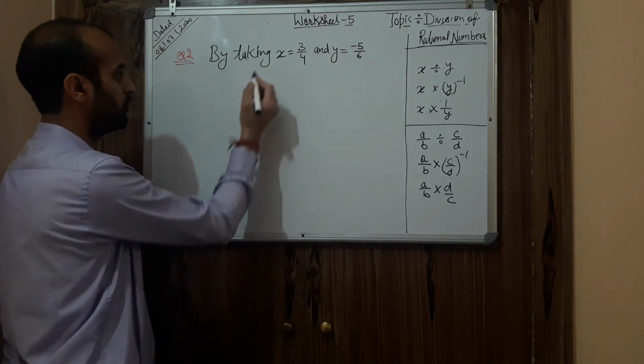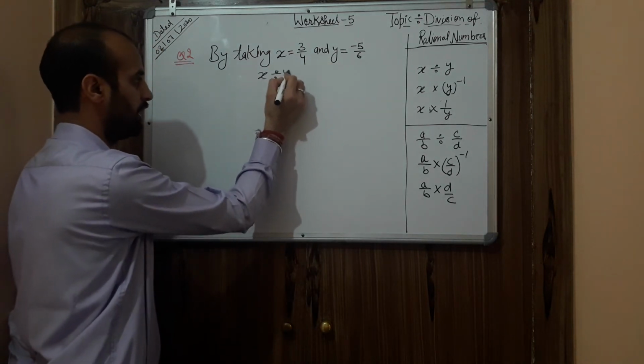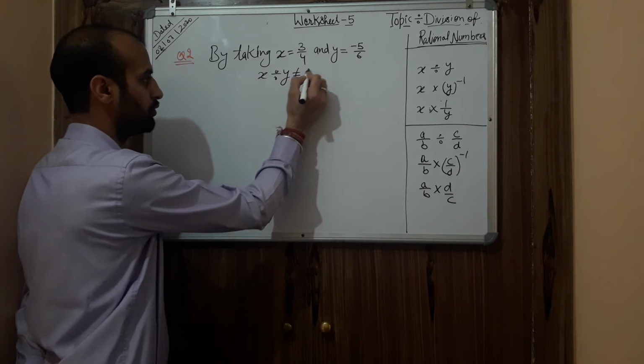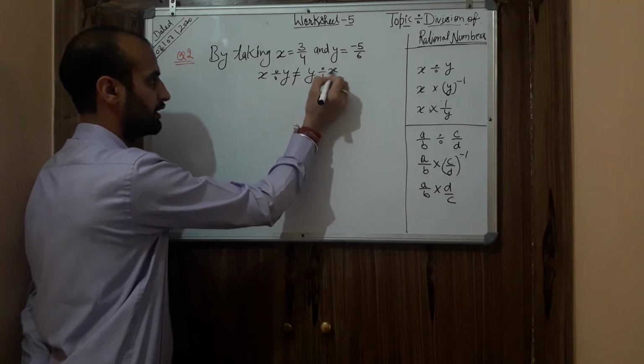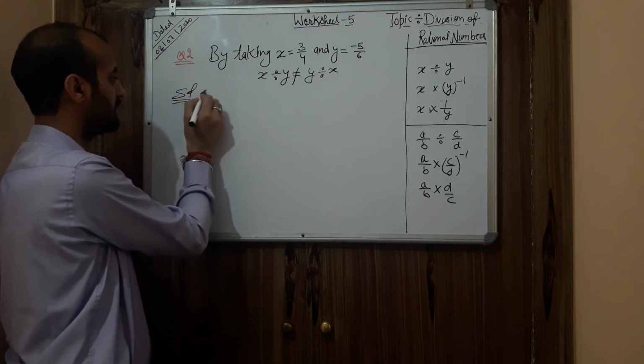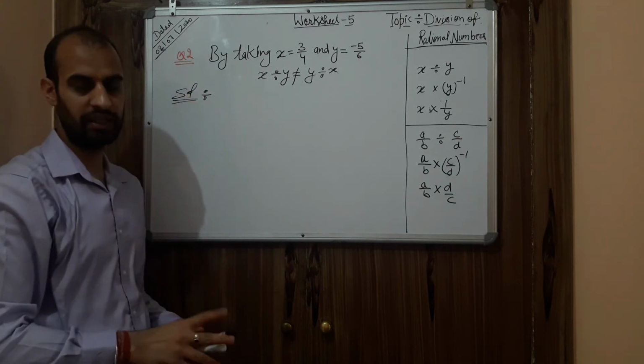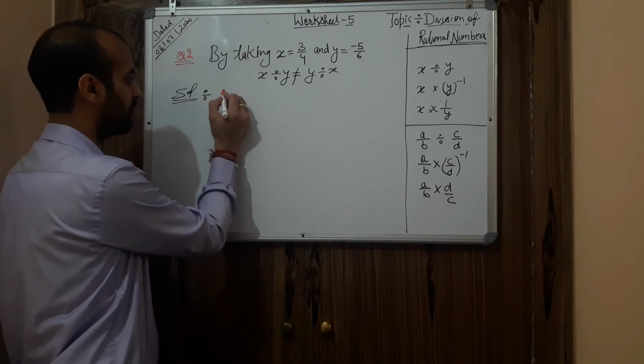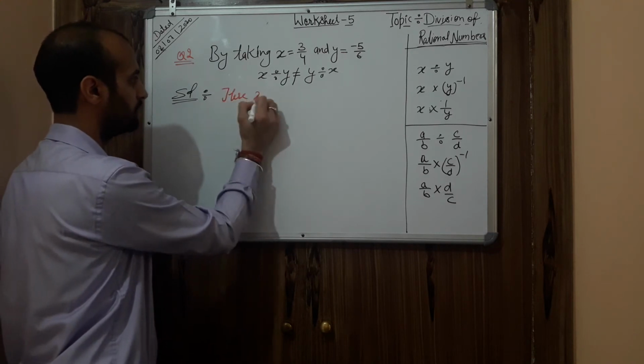We need to prove that x divided by y is not equal to y divided by x. So if we interchange their positions, we will not get the same result. This is our task.